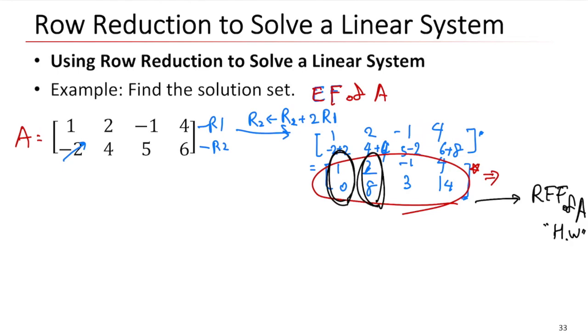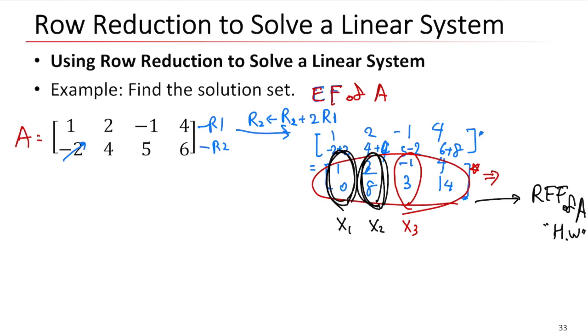Anyway, we know that these two columns are pivot columns, so we can say that x1 and x2 are basic variables, and x3 is a free variable.